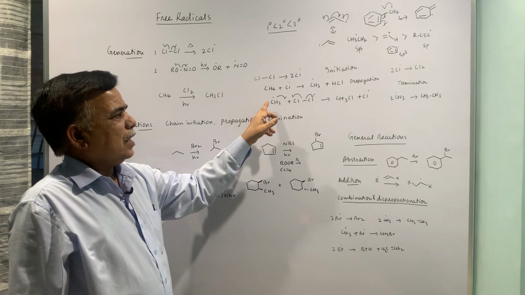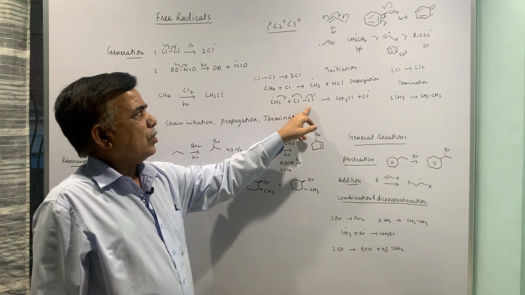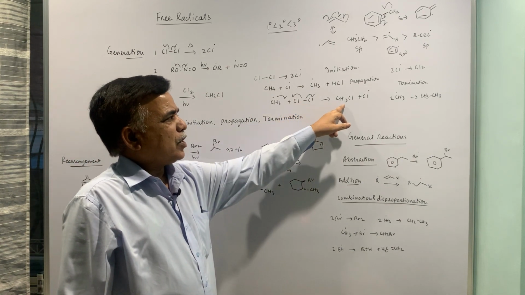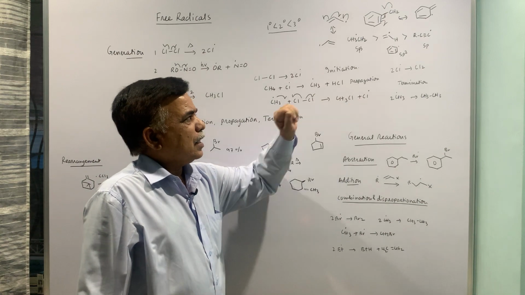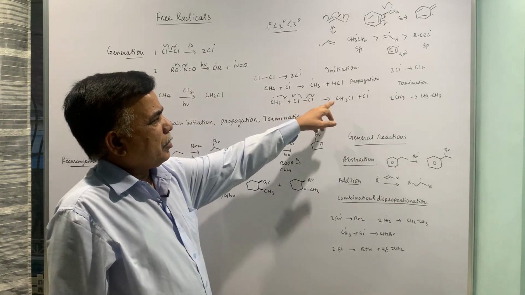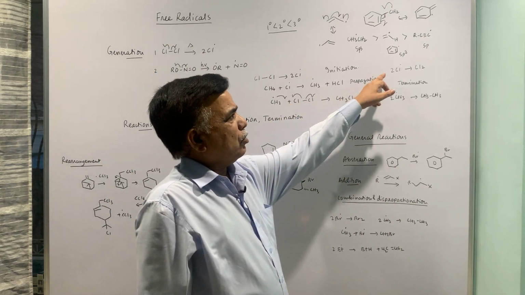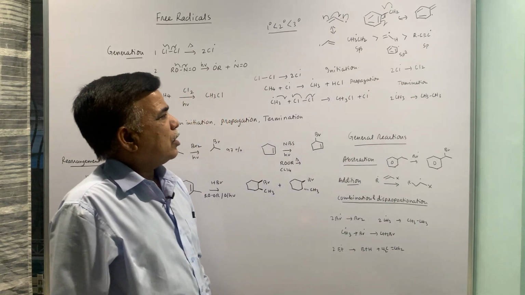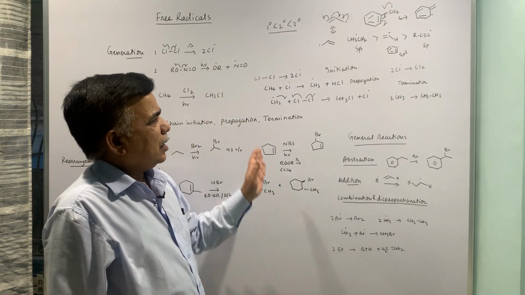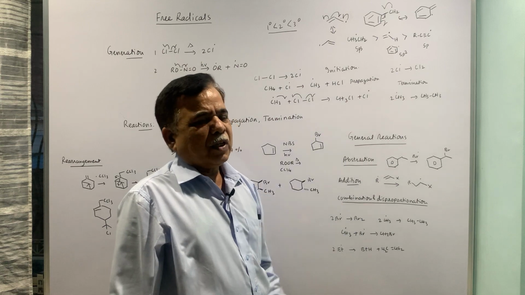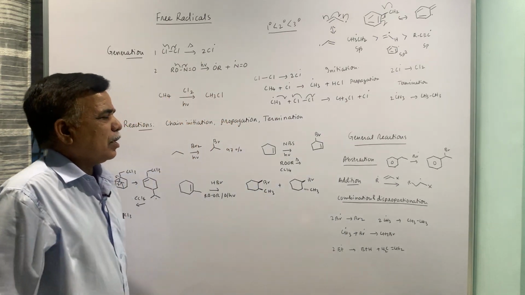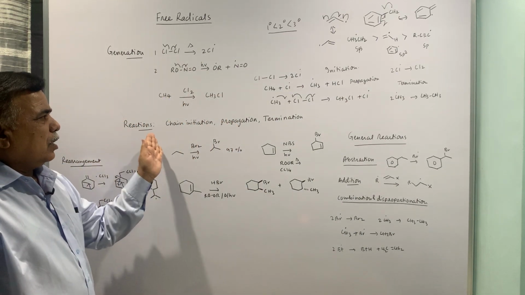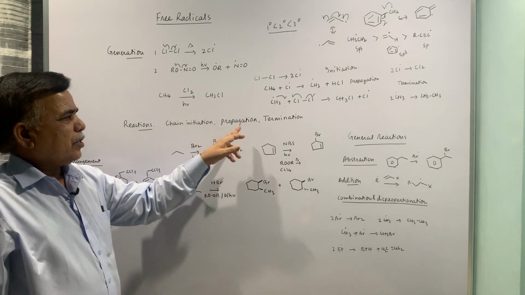Then this methyl radical can react further with chlorine gas and it forms methyl chloride and Cl dot. So that is propagation, and 2 Cl dots combine and form chlorine, that is termination. Even 2 methyl radicals can form ethane, that is also termination. So chain initiation, propagation, termination.